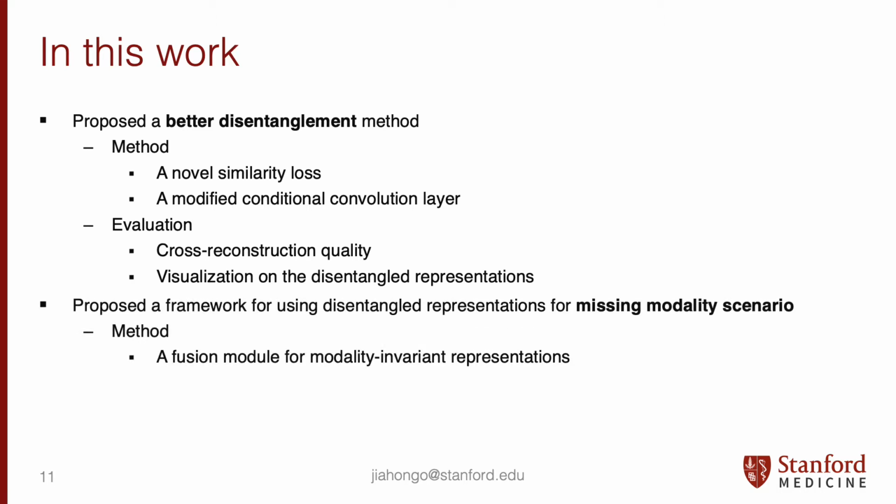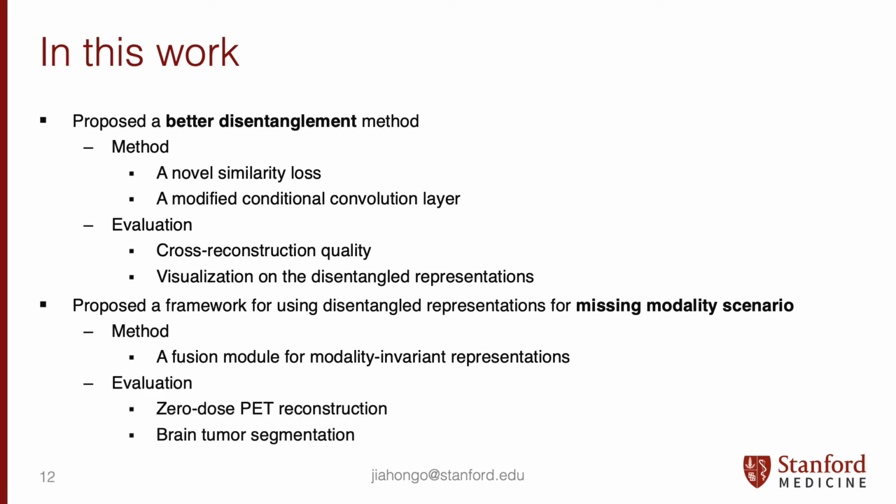Next, we propose a framework for using disentangled representations for the missing modality scenario. It's achieved by using a fusion module to get modality invariant representations. This part is evaluated by two downstream tasks, zero-dose PET reconstruction and brain tumor segmentation.